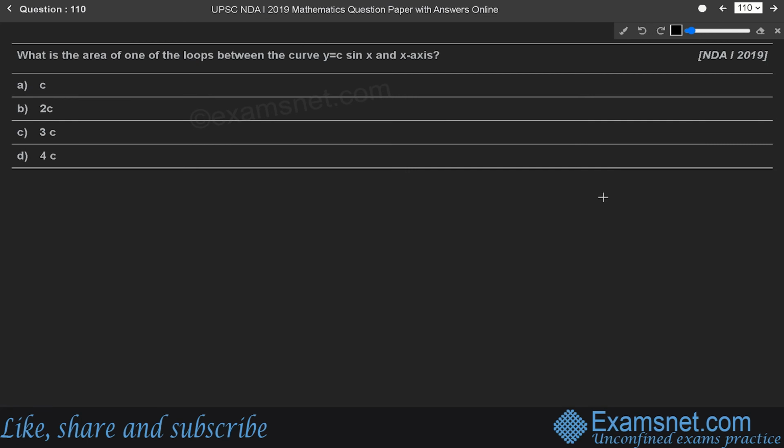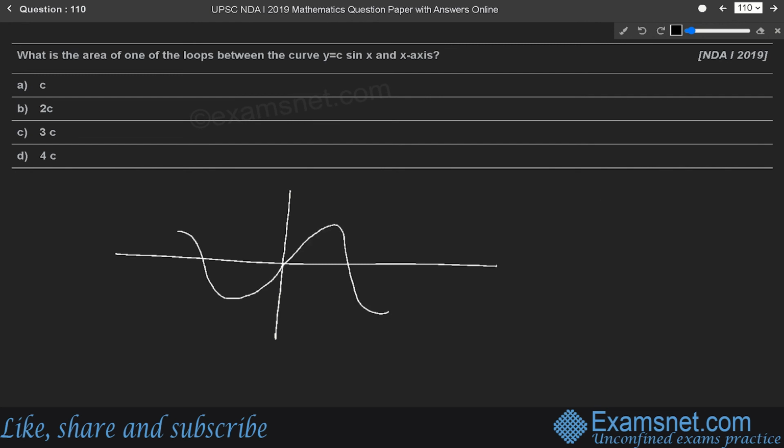Next question is, what is the area of one of the loops between the curve y is equal to c sin x and x axis? See, there are two curves which is y is equal to c sin x and x axis. So first let us understand the question by a proper diagram. So the diagram will be, since there are two curves, so it should be in this way.